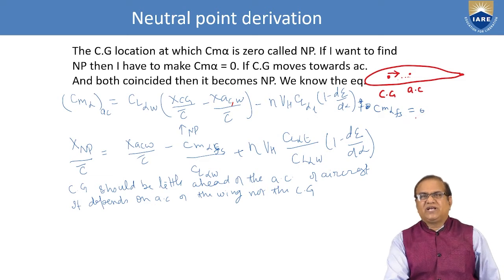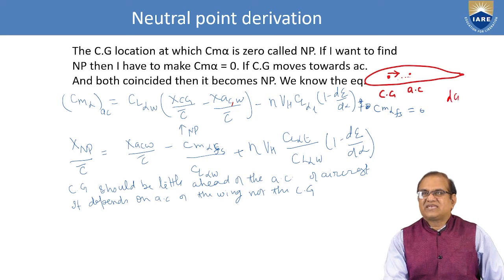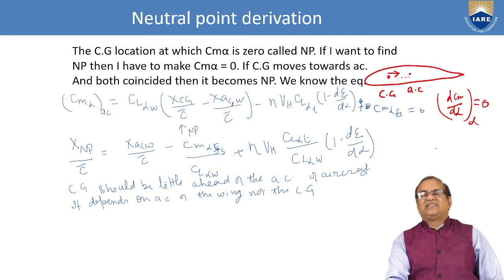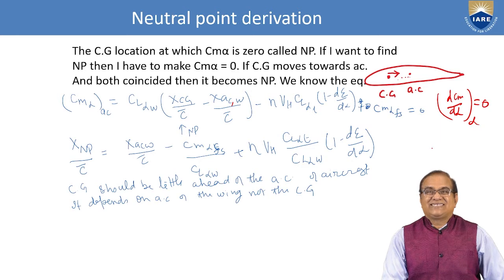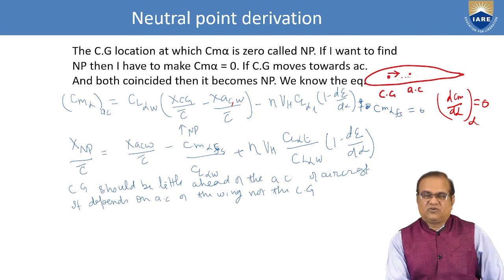It means the total coefficient of moment, dCm by d alpha of aircraft, if it is balanced, no moment, 0, then we can say the point of the CG, this XCG, will become XNP when we make it 0.